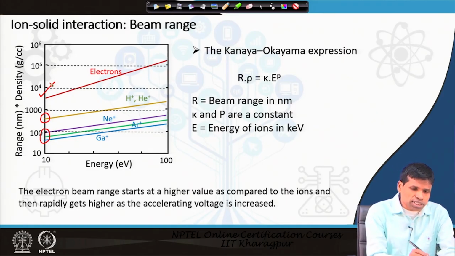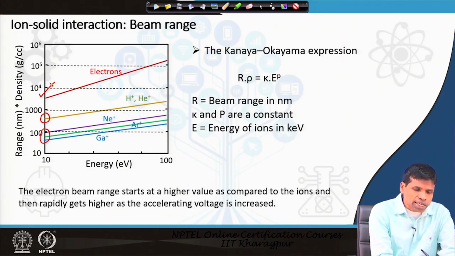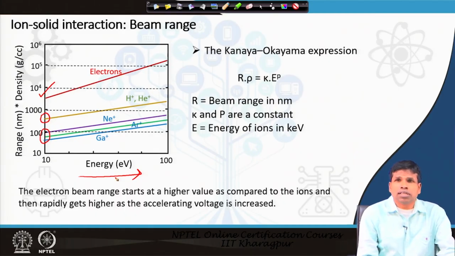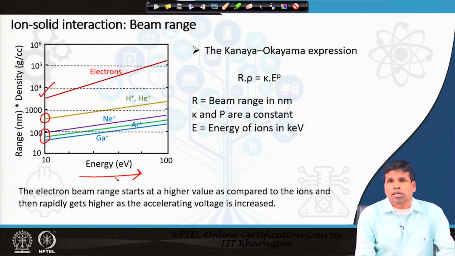And here we see that as we increase the acceleration voltage, the beam range increases, because by increasing the acceleration voltage, the energy of the incident particles, ions or electrons, increases, therefore they can go much deeper into the specimen. Moreover, this beam range is inversely related to the density of the specimen.